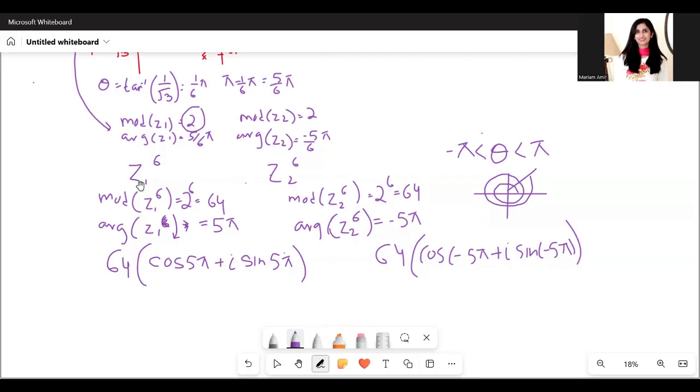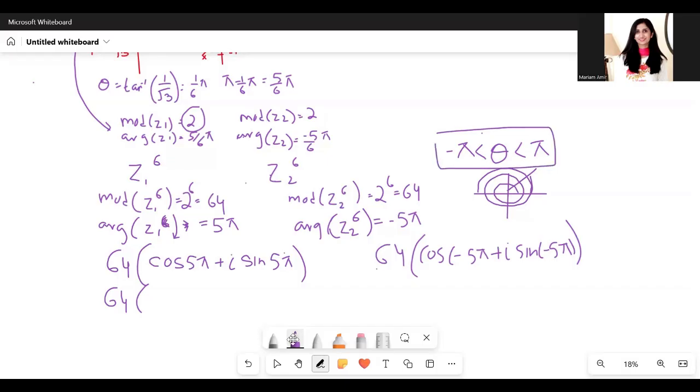So we take 2 round trips and then come over here. That means it's the same as pi and minus pi, so we can replace this with pi and minus pi. To stay in the domain, I'm going to change 5 pi into pi: cos pi plus iota sine pi, and cos minus pi plus iota sine minus pi.